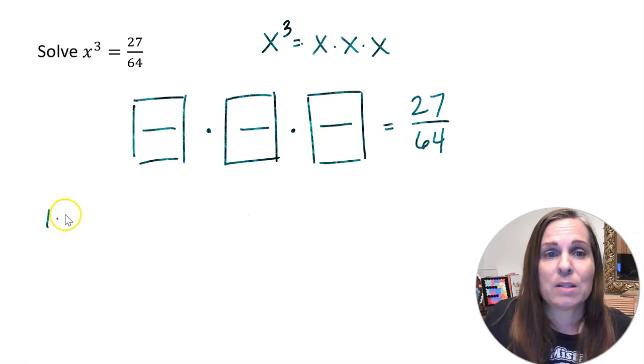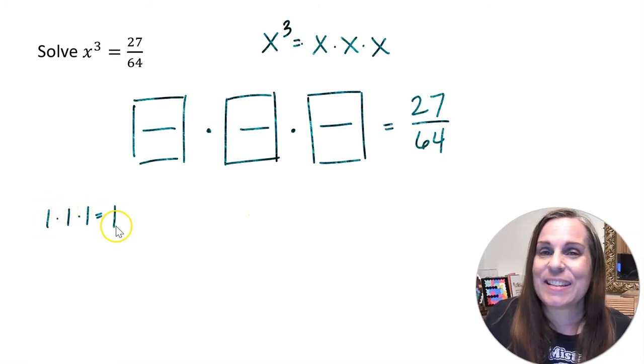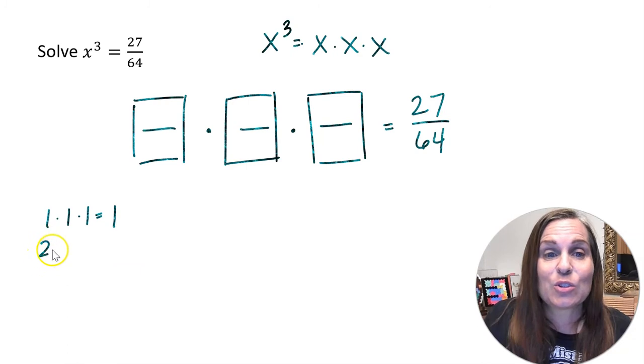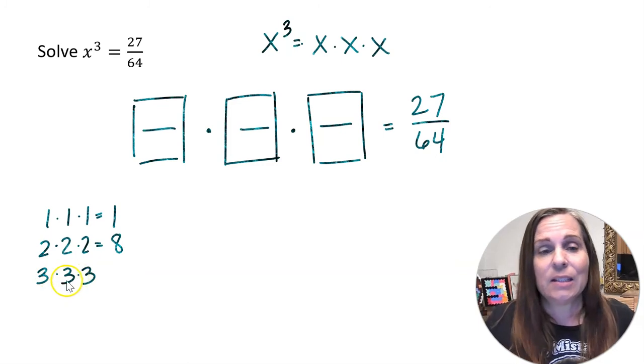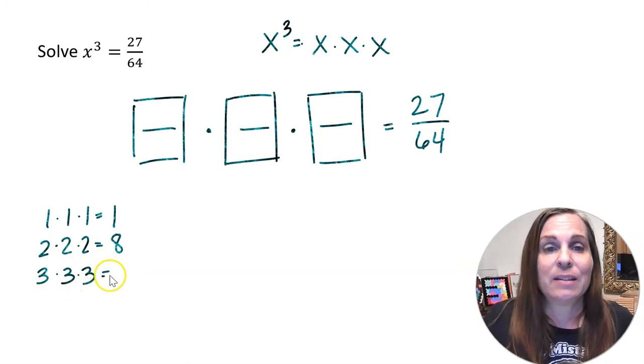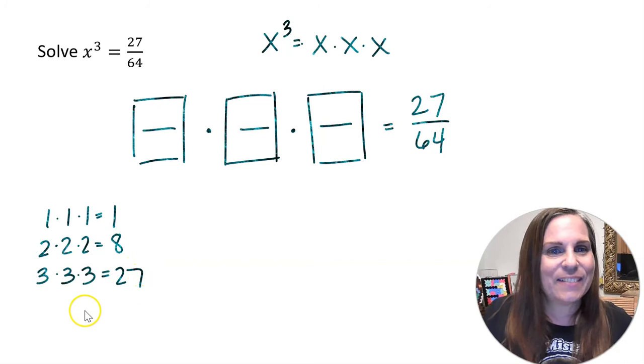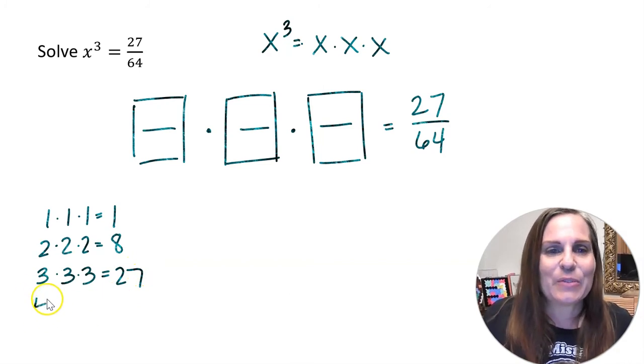We know that 1 times 1 times 1 is 1. That's the easiest, right? 2 times 2 times 2 is 8. 3 times 3 times 3, well, 3 times 3 is 9, and then times 3, 27. All right, how about 4 times 4 times 4?